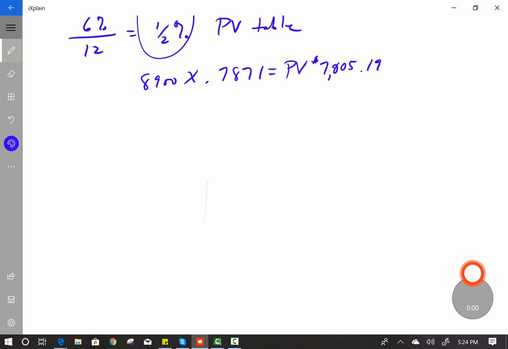Okay, then number 9, in 7 years we want $17,600. It's in 7 years, at 12% interest, compounded quarterly.